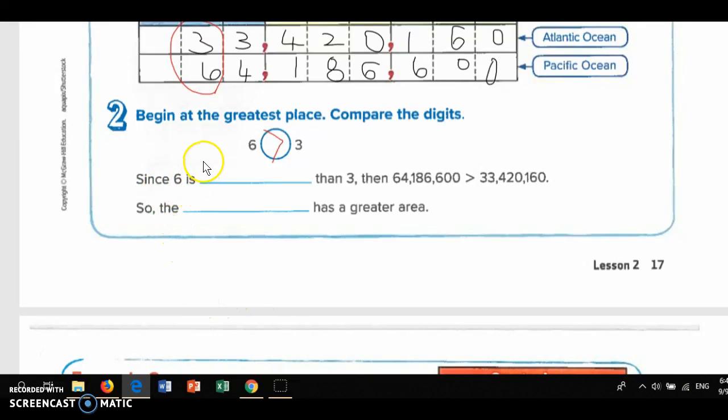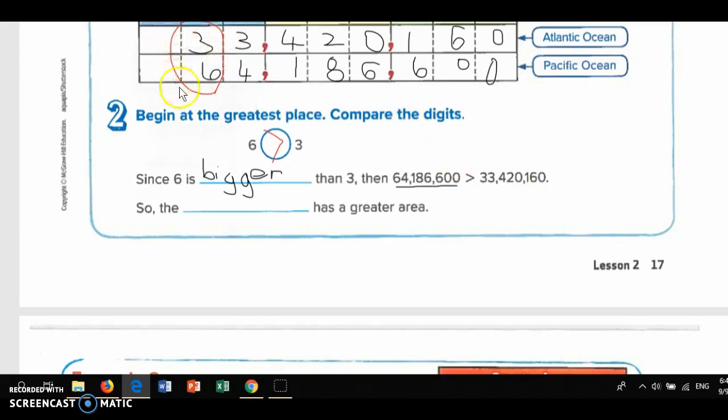Since 6 is bigger, or you can say greater, than 3, then 64,186,600 is bigger than 33,420,160.